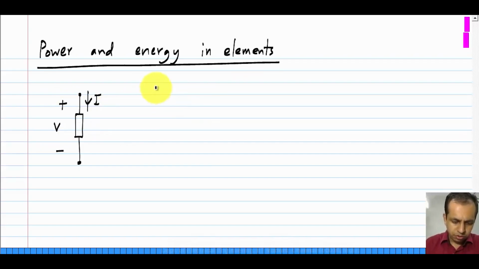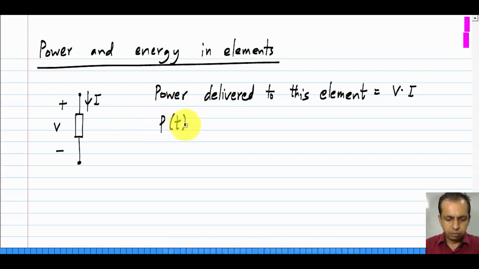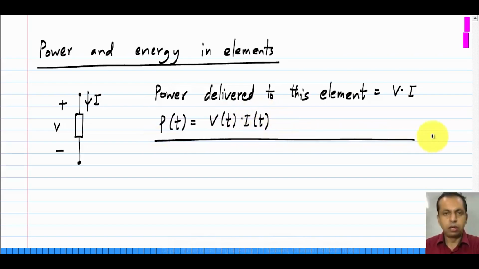So, now the power delivered to this element equals V times I. Now, of course, V and I could be time varying, that does not change the definition. It simply means that the power delivered will be a function of time.